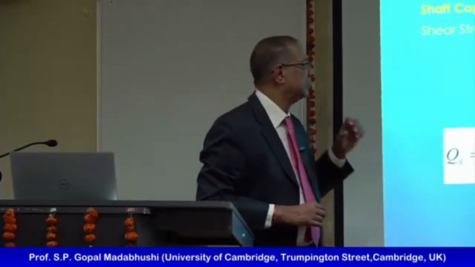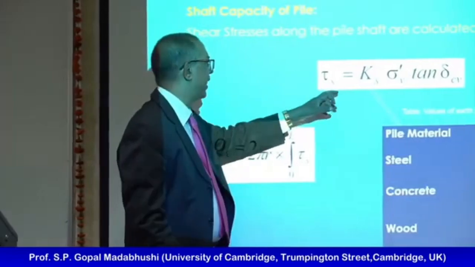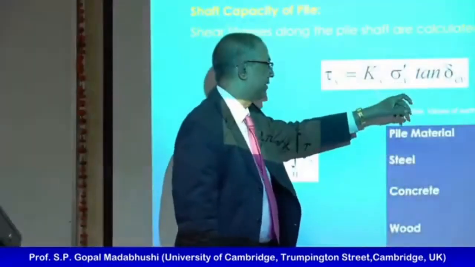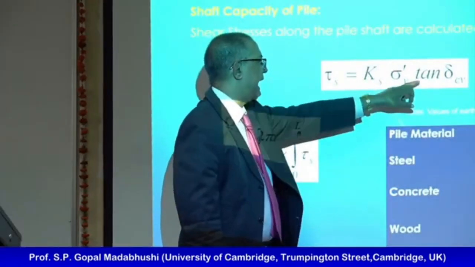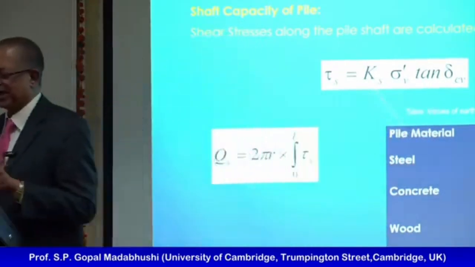So you can use this type of equation where you calculate the shear stress along the skin of the pile, or the pile-soil interface. You take the vertical stress, multiply that with a factor Ks, and then multiply with the tangent of the friction angle. This is very interesting. Why are we doing this?